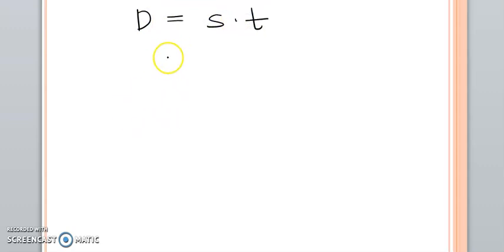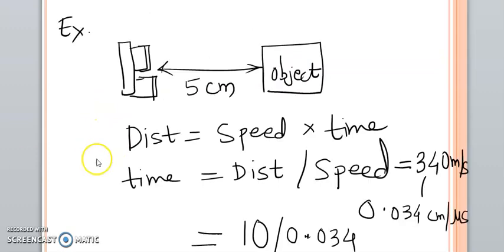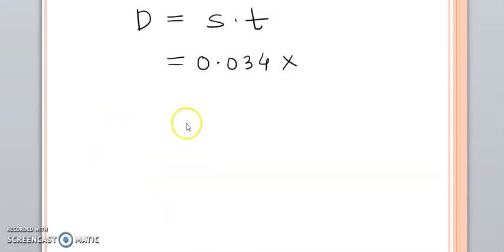So what is the speed? We have already calculated. Speed of sound in air in terms of centimeter per microsecond is 0.034. And what is the time required for this scenario? In the previous slide, we have already calculated that time as 294 microsecond. So I am going to substitute the value, 294.